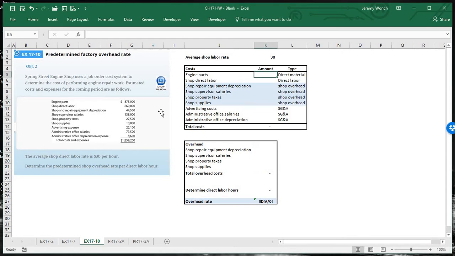So we have this table over here with all of the categories listed, and we already pre-entered the categories for each one. Now we just have to enter the dollar amounts. We have engine parts, 875,000. Direct labor, 660,000.